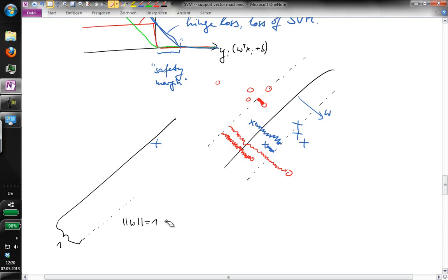However, if I let the magnitude of W be what it wants, then the classifier can make the margin very narrow by simply choosing the norm of W very large. So here the norm of W was 1, and there the norm of W is very large.